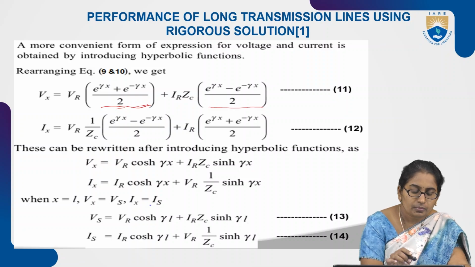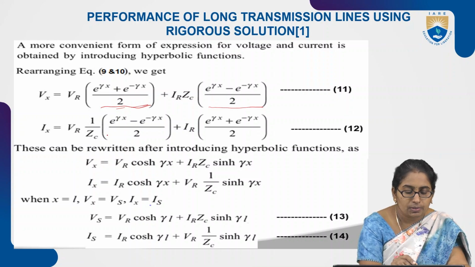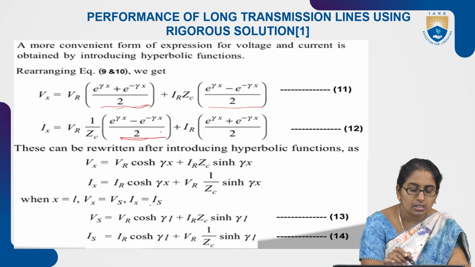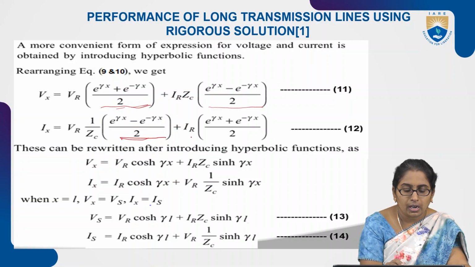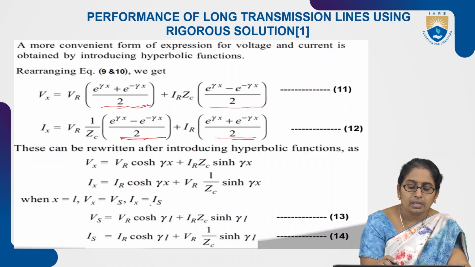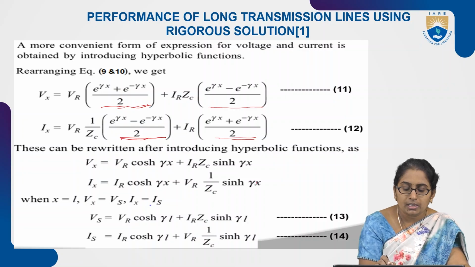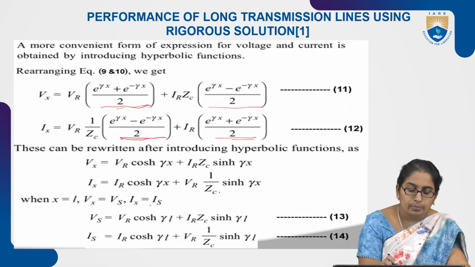So the equations of Vx and Ix can be rewritten. Vx is Vr cosh gamma x plus IR ZC sinh gamma x. In the Ix equation, first writing the IR term, IR into cosh gamma x, and VR into 1 by ZC into sinh gamma x.